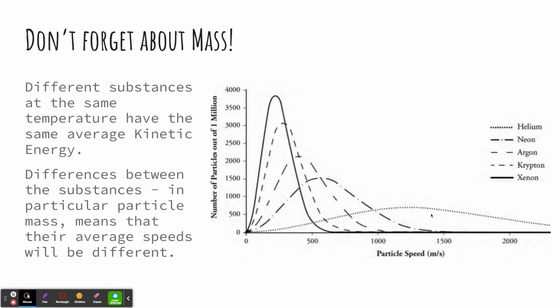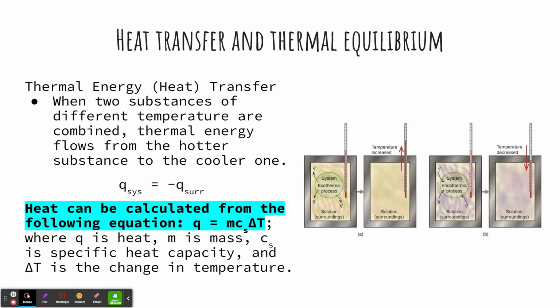So the lighter mass you have, the more speed the particle has. You'll notice helium has the highest speed and argon or xenon has the slowest speed. However, in terms of their kinetic energies, they all have the same because it's at the same temperature. Okay?